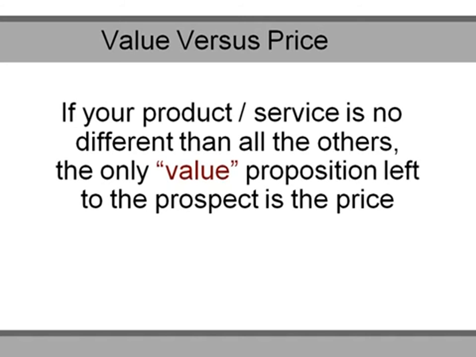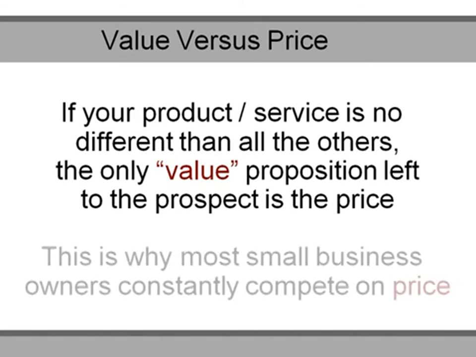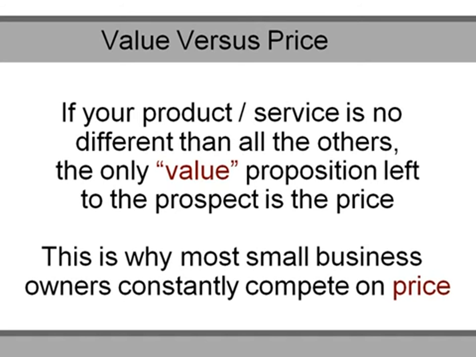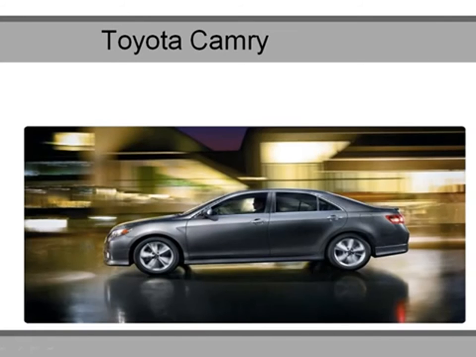And since everyone is offering the same thing, the only value proposition left to the prospect is the price. This is why most small business owners constantly compete on price. They have no idea how to offer more value. If they do offer more value, then more prospects will buy from them, and those prospects will gladly pay a much higher price. So what would happen if you had the ability to change just one thing on the Camrys you sold?